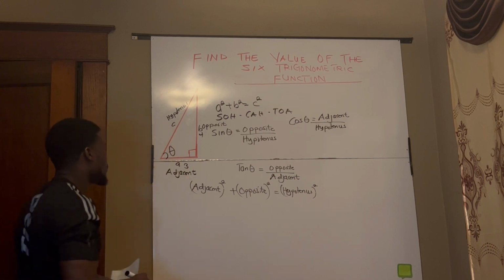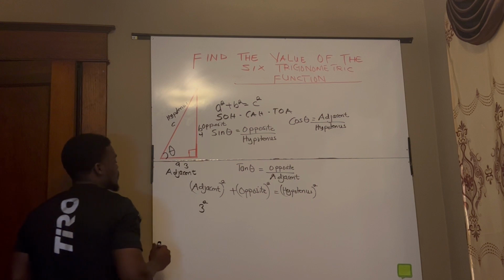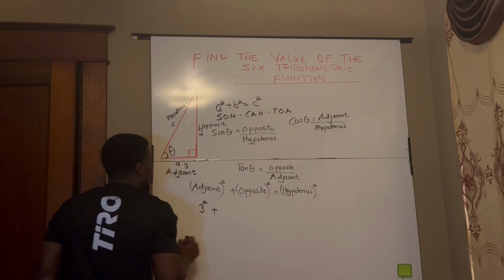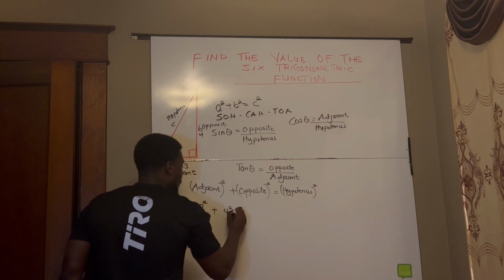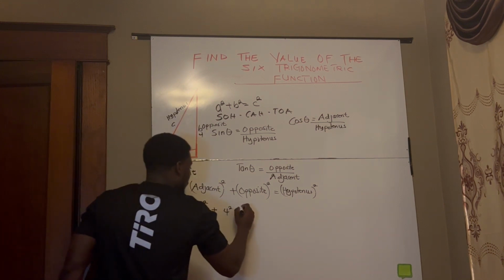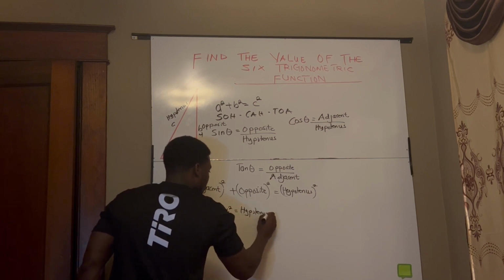Our adjacent is 3, so it's 3 squared plus our opposite, which is 4, so 4 squared, is equal to c squared, which we don't know, our hypotenuse squared.